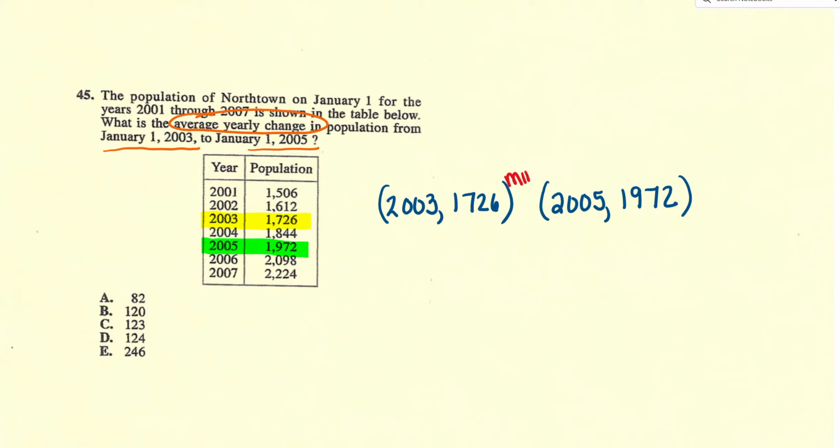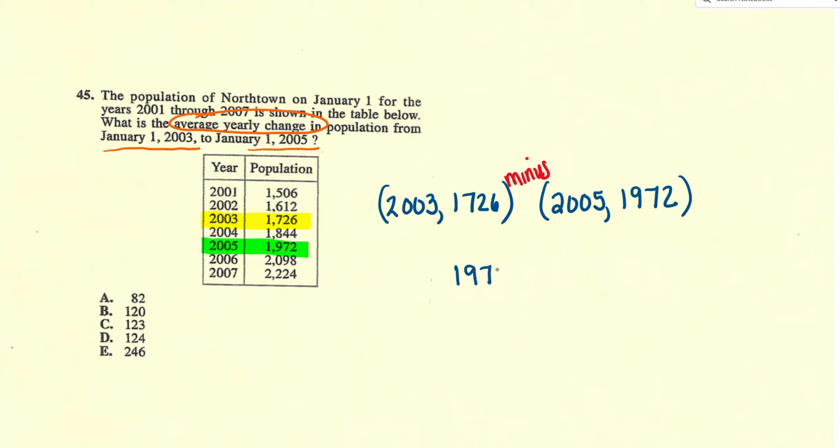So when you look at that, maybe something in your mind would think, you know what, I could really turn that into two ordered pairs. (2003, 1726) and (2005, 1972) is the population. So you actually do end up with two ordered pairs, so to speak. So let's use our formula. And the y's are on top.